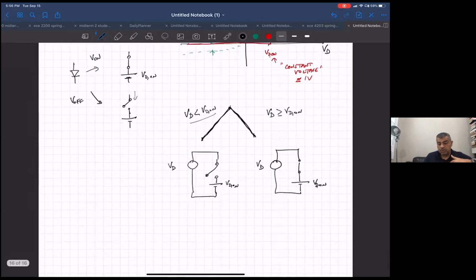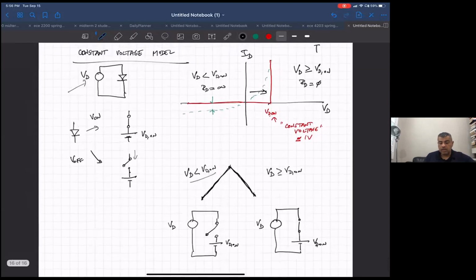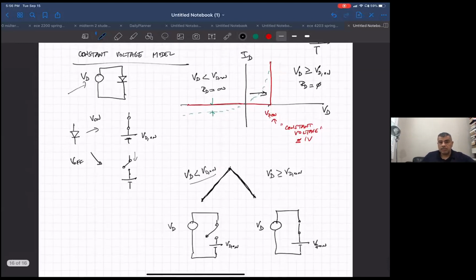And so again, in the context of this class, when you get a problem or a quiz or whatever, you'll be told whether you should be using the constant voltage model or the ideal diode model.